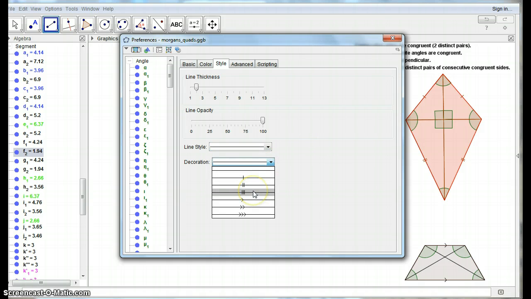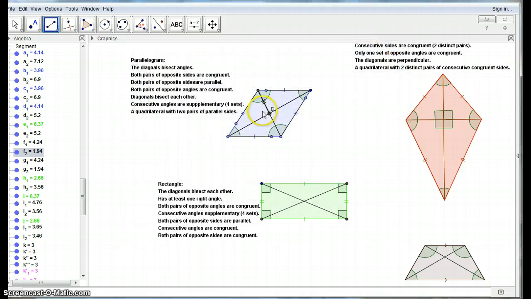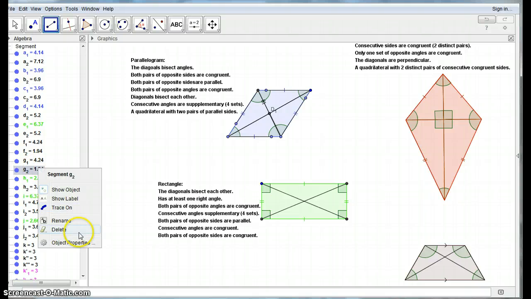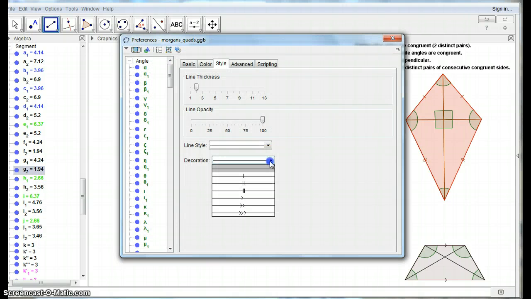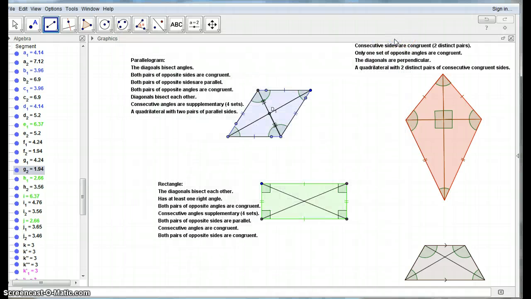And we need the triple. So we need to make that one congruent to this one. I sub 2 or G sub 2. Let's try G sub 2. Properties, decoration, triple. So that's basically what we're doing there.